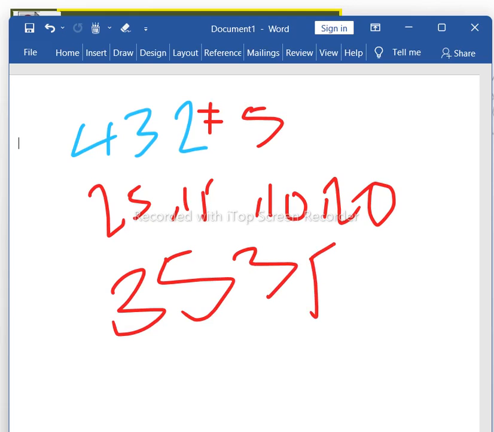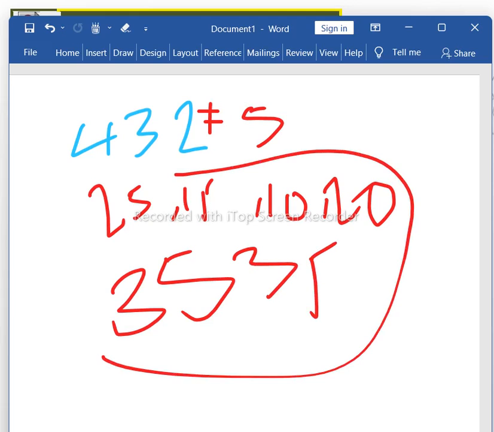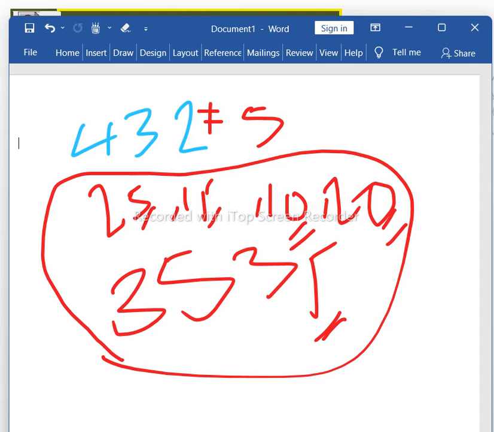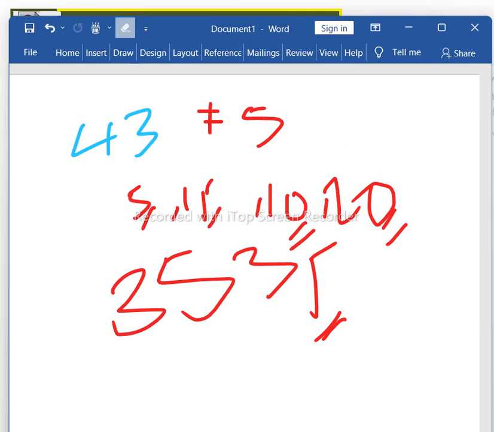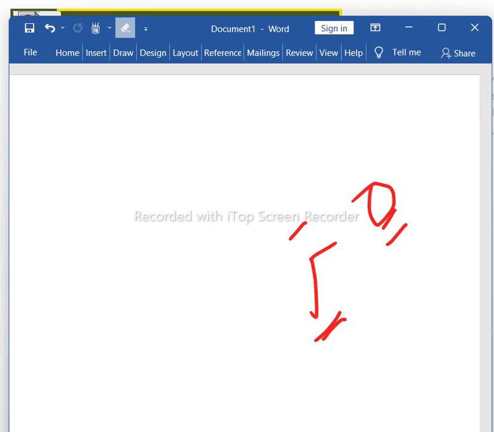All these numbers are divisible by 5 because the last digit of the number is 5 or 0, or here also 5, here also 5. So if the last digit of a given number is 5 or 0, then that number is divisible by 5.